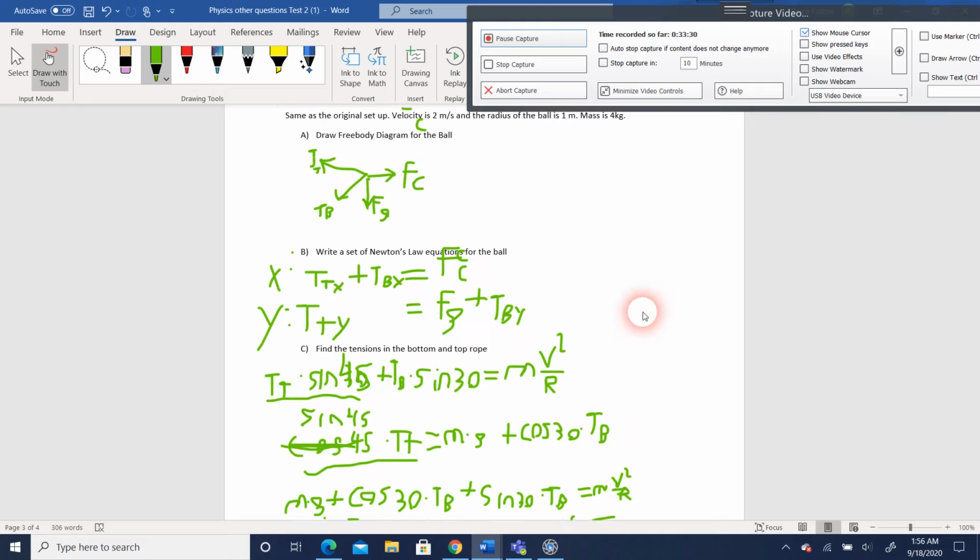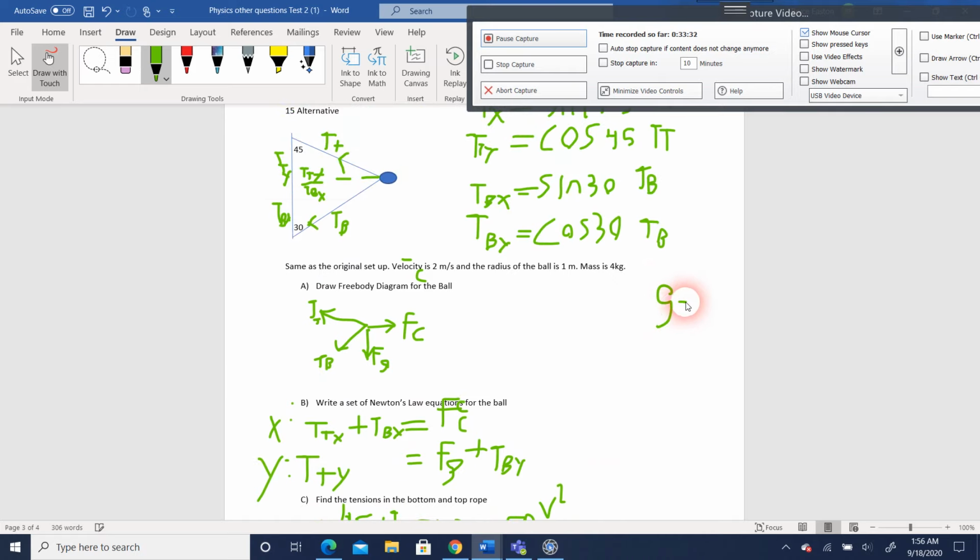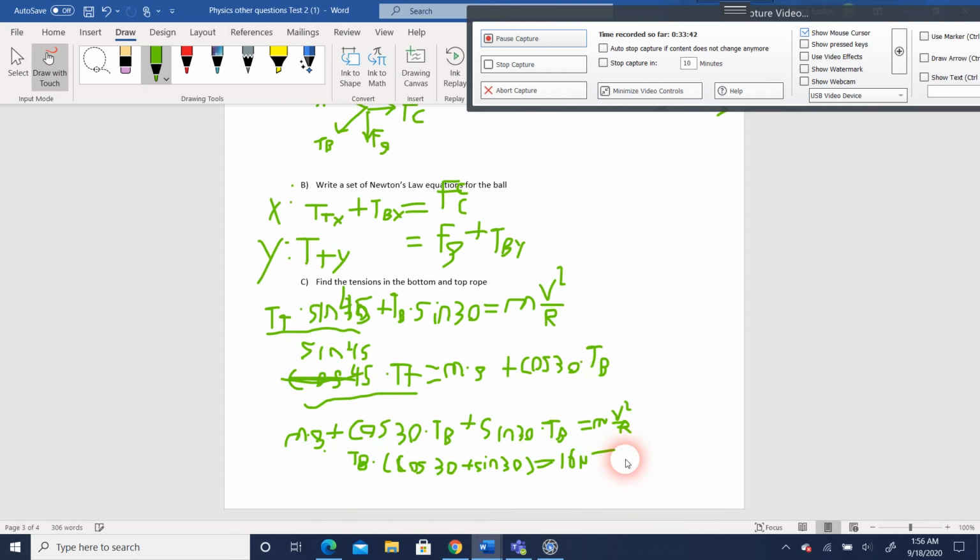To make it simpler, I'm going to say that gravity is equal to 10 meters per second squared. So that minus 40 newtons. And after that we just divide by cosine 30 plus sine 30.